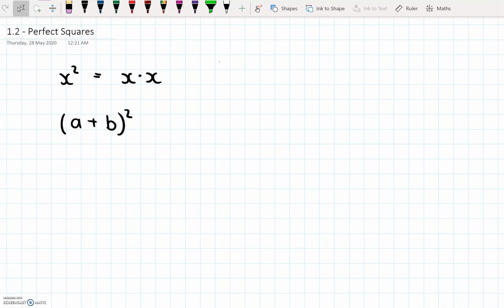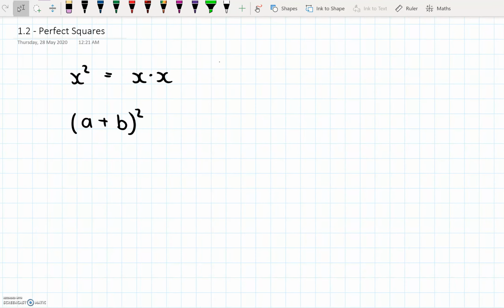So we know that (a plus b) squared means (a plus b) times (a plus b). If we apply the FOIL principle, then we can work out what this expands to. We're going to do this using FOIL first, and then I'm going to teach you the shortcut.